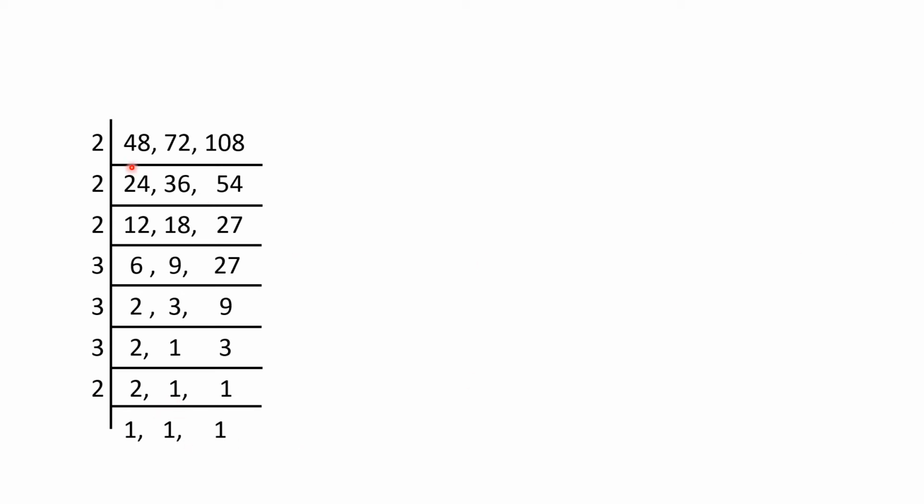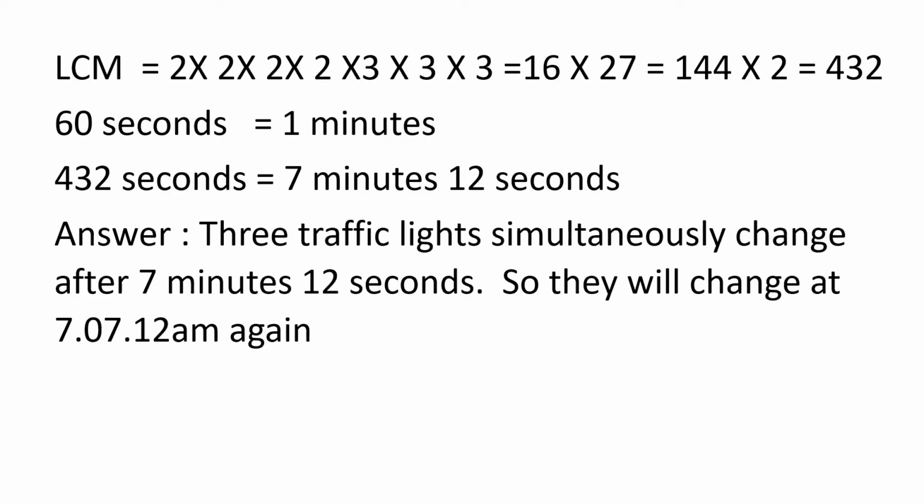Now we have to multiply all these to get the LCM. When we multiply, we get 2 into 2 into 2 into 2 into 3 into 3 into 3, which is 432 seconds. This 432 seconds we have to convert into minutes. 60 seconds equal 1 minute. So 432 seconds equal to: 7 60s are 420.